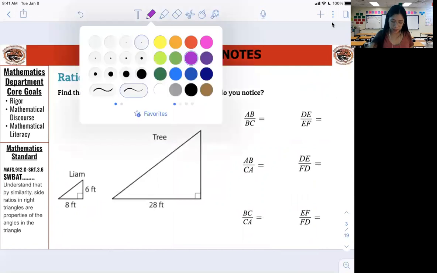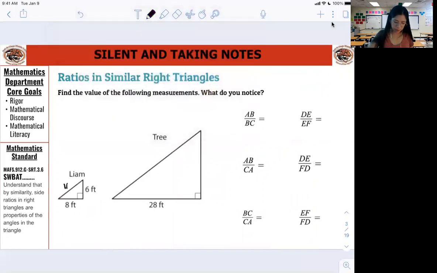Okay, now that we have all these values, let me fill them in. What was this one? 21. Okay, what I want you guys to do is go ahead and figure out the ratio, the fraction, of each of these different combinations.